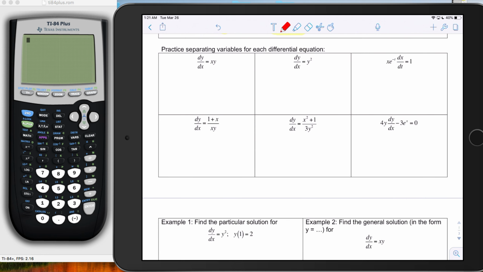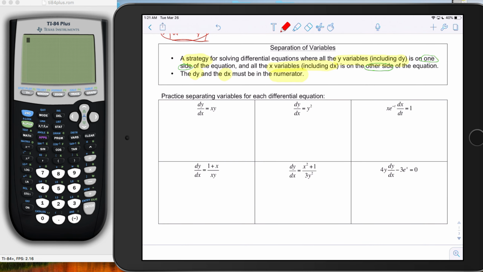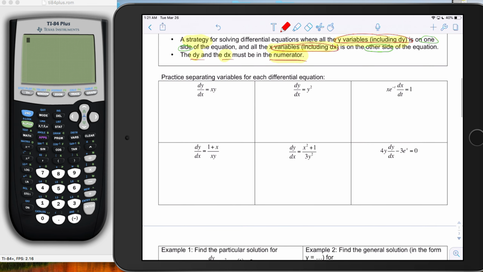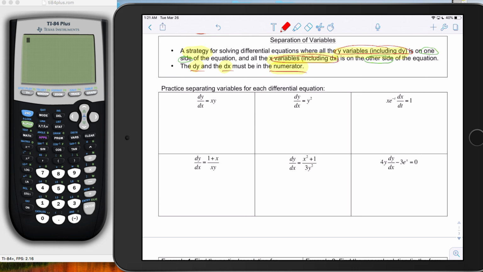So if we have dy dx equals xy, our goal is, one, to separate the variables, meaning y's and x's together. And the other goal is you gotta have the dx's and the dy's in the numerator, okay? So look at this first one. We have dy dx equals xy. I need to keep dy in my numerator, so that needs to stay. And if that needs to stay, what should I multiply to both sides? I can multiply the dx, because that can go.